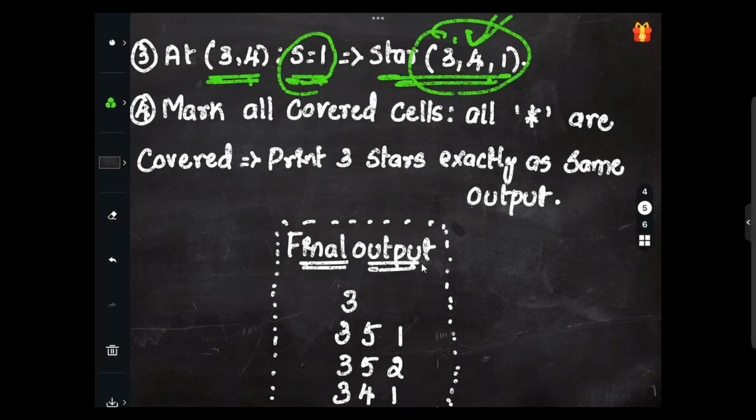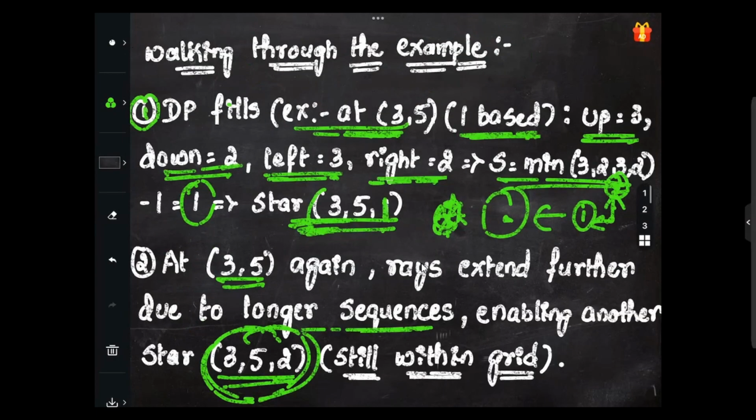So we will print 3 stars exactly the same as the output. What are the three? We got 3 5 1, 3 5 2, and the next one, the center one here, next to it also one star was present.